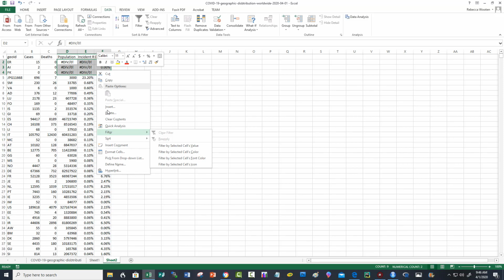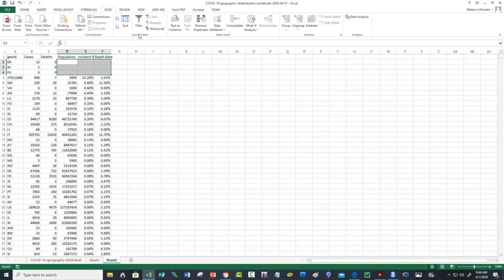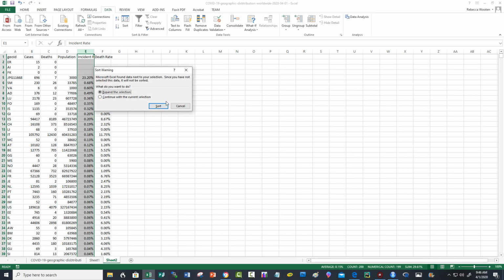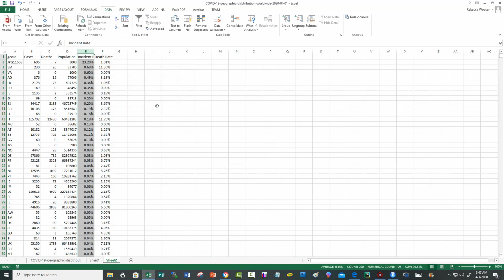So if I clear this out, and then try that again, we wanted to sort for incident rates. Yes, expand. So we have one group here. This group, they're a relatively small population, but once they got the condition, it looks like a lot of people got the condition.